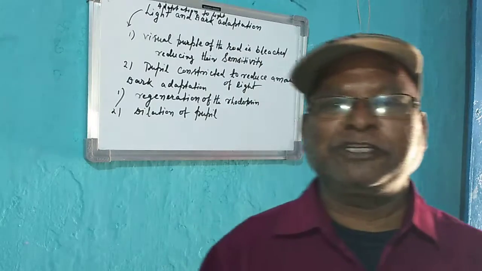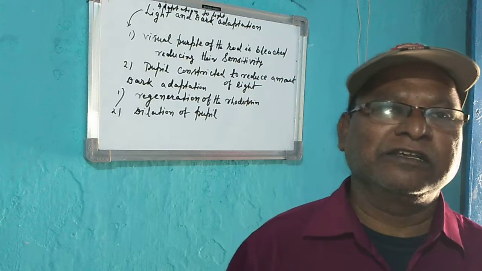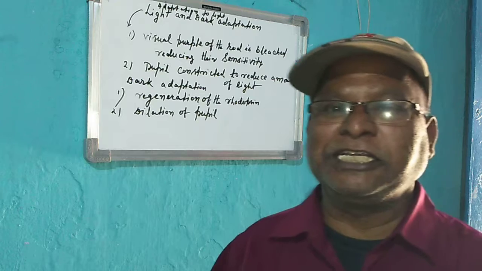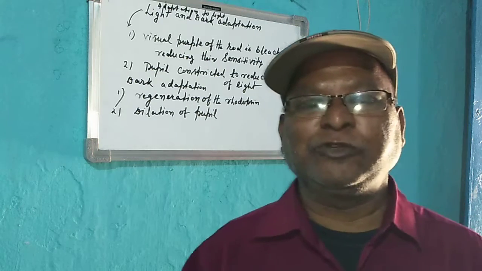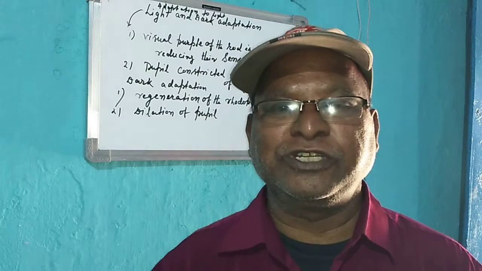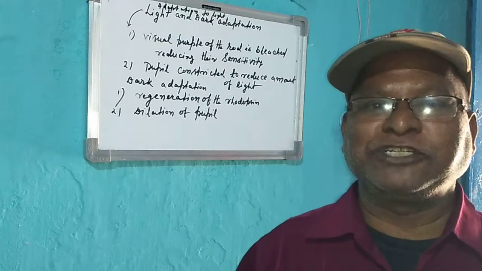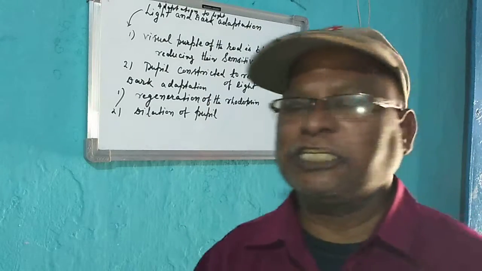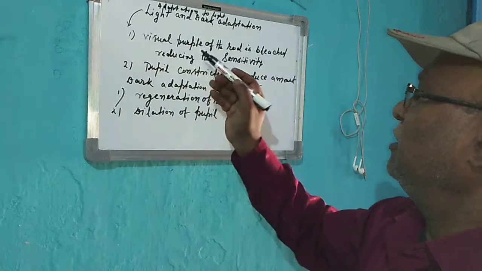What is light adaptation? When we move from a dark room to a brightly lighted area, we feel difficulty to see objects for a short while and then vision improves. This improvement of vision is known as light adaptation. This change takes place for two reasons.